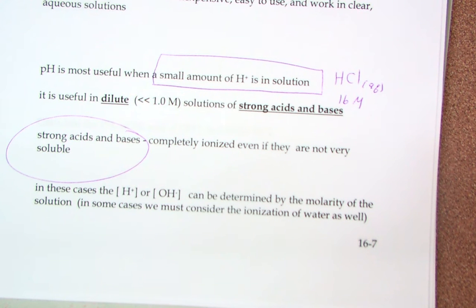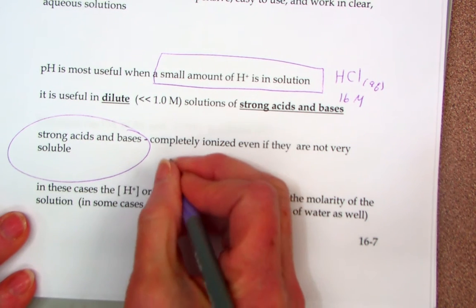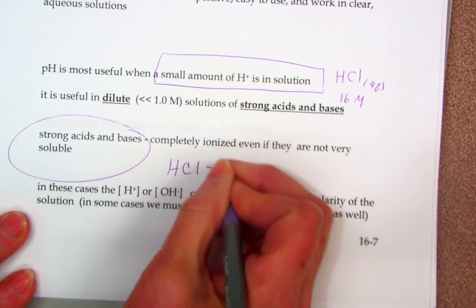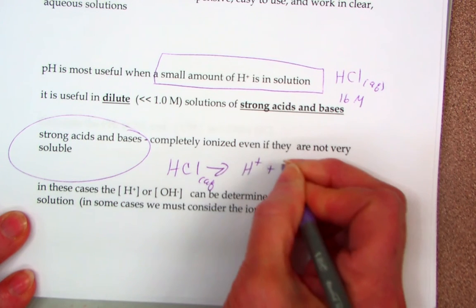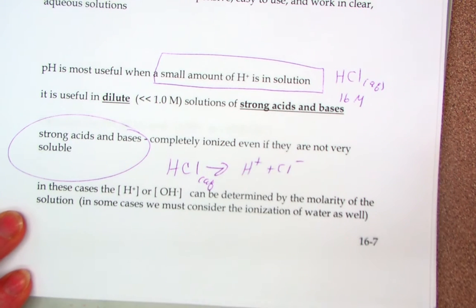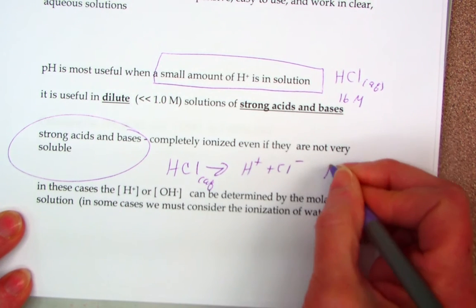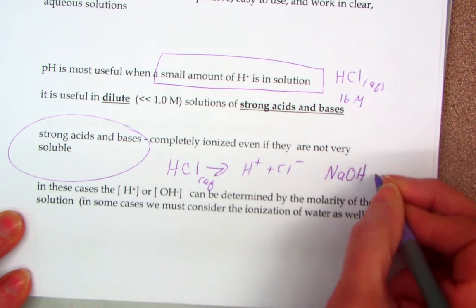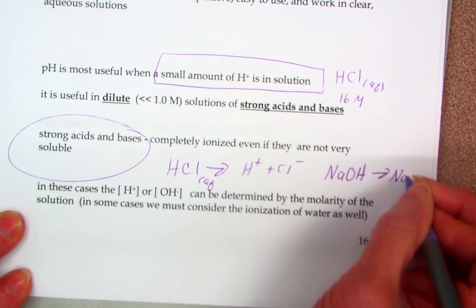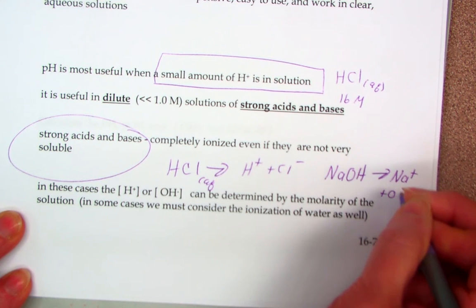If I put hydrogen chloride gas in water and make hydrochloric acid, HCl is a strong acid. It breaks apart completely and makes hydrogen ions plus chloride ions. Sodium hydroxide is a readily soluble salt. It dissolves right away, and when it dissolves, it breaks apart into sodium ions and hydroxide ions.